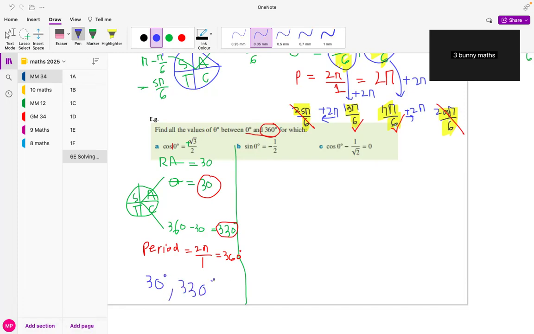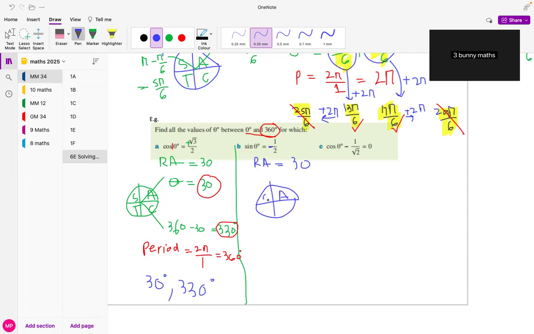Okay. Same thing for B. You're looking for sine theta equal to negative a half. If we just forget about the negative, the reference angle that has sine equal to a half is still 30 degrees, right? Then I draw the unit circle out. This time, I want sine to be negative.